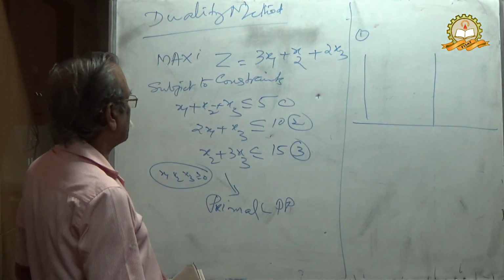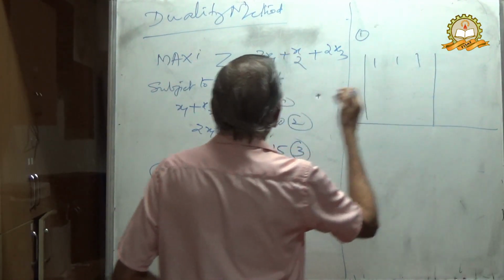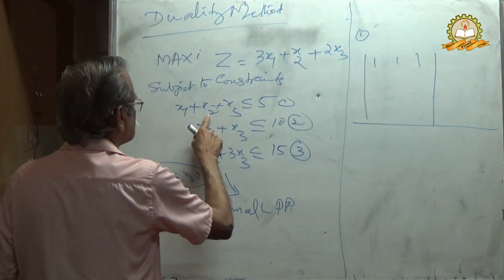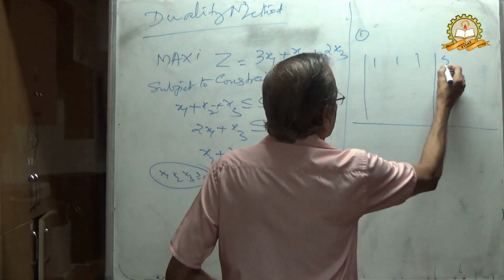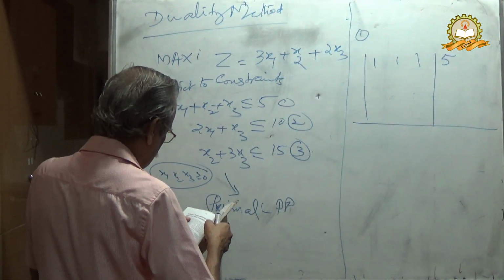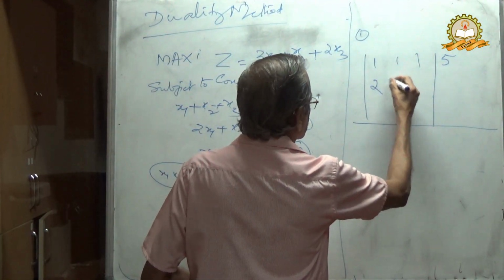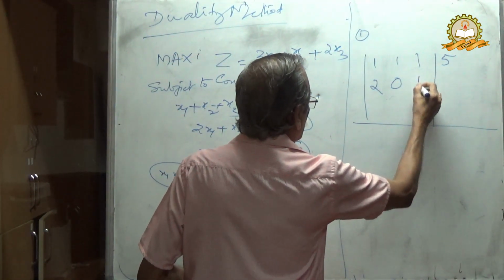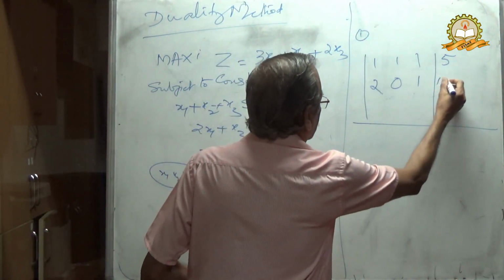You have studied matrices. First row 1 1 1 for x1, x2, x3, and here I write 5. Similarly 2x1, 0x2, 1x3 less than or equal to 10.